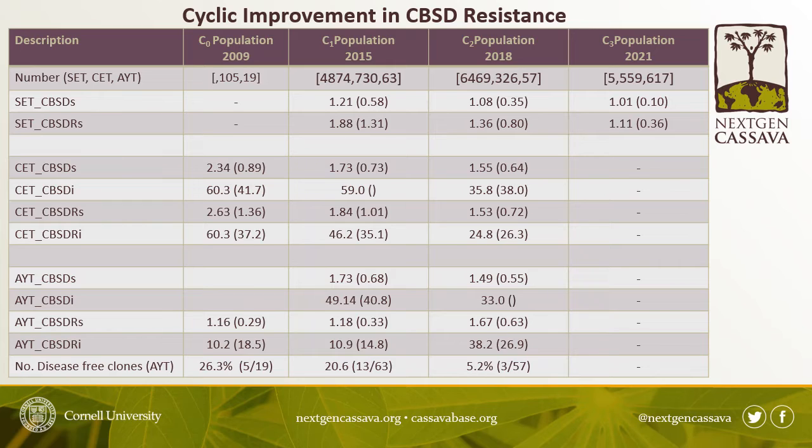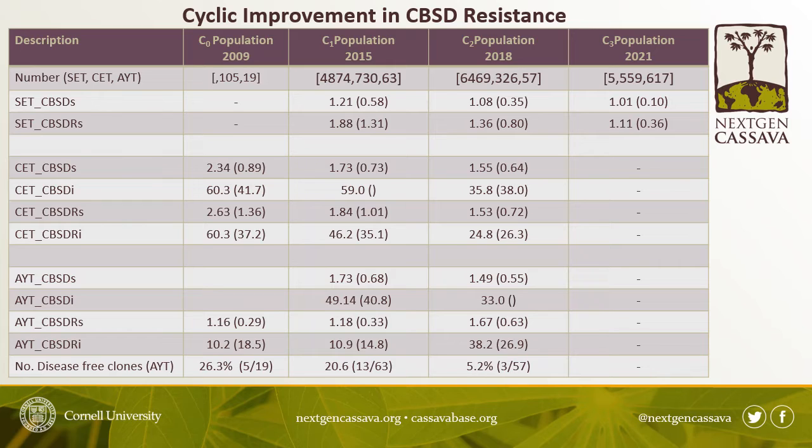We had 2.63 root severity at CET, and you can find that we have 1.16 at AYT. When you look at the C1 population, you also see, for instance, 59% incidence at foliar, and 49% incidence at AYT. So as we advance, that was very consistent. As you advance from one stage to the other, you get lower susceptibility.